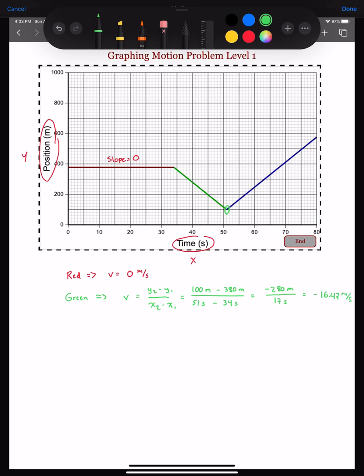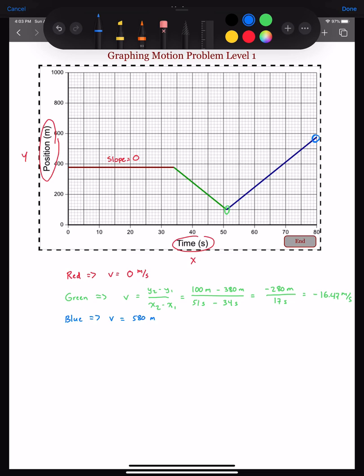Okay. And now let's do the blue. Okay, so V, we're going to go right here, so we'll just skip. So Y2 is going to be about 580 meters.